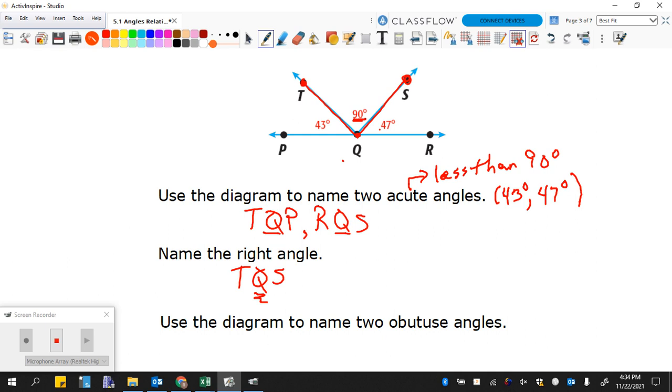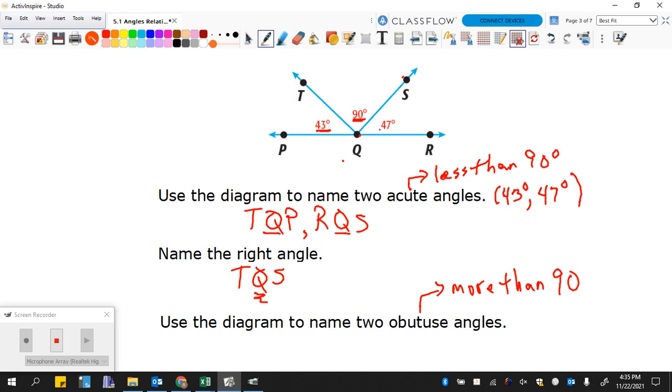Then it says use the diagram to name two obtuse angles. Obtuse angles, remember, are greater than 90. What we're basically going to do is combine 90 and the 43 as one of them, and 90 and the 47 as the other one.